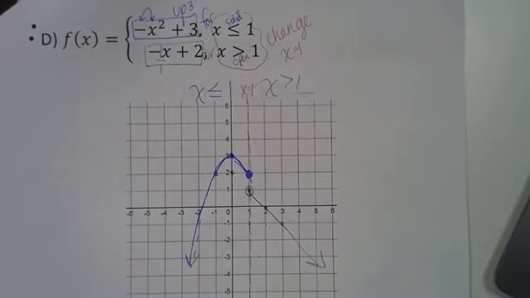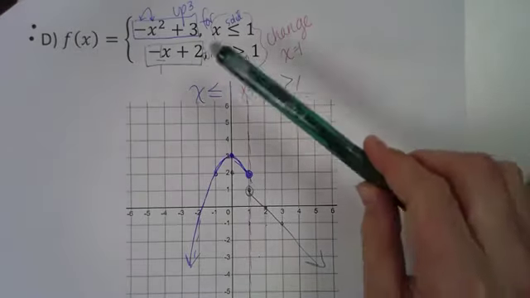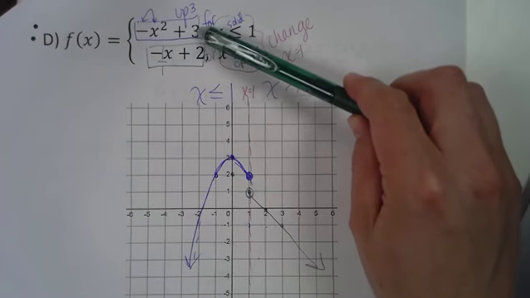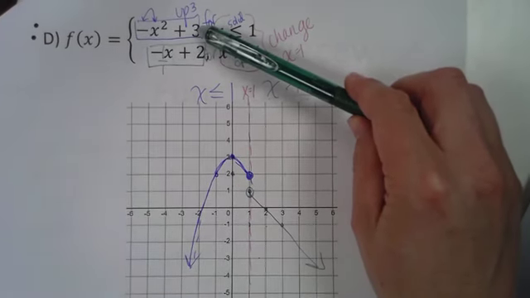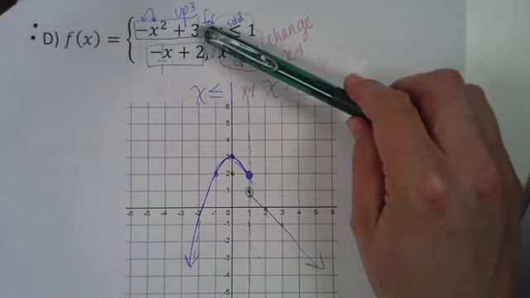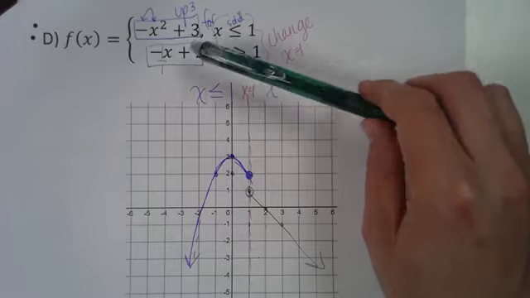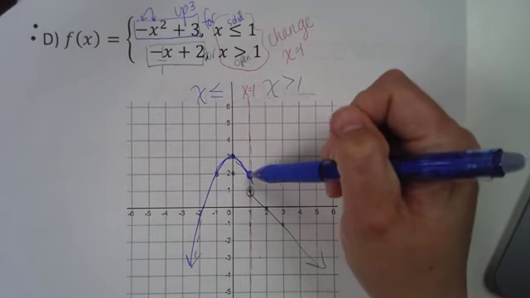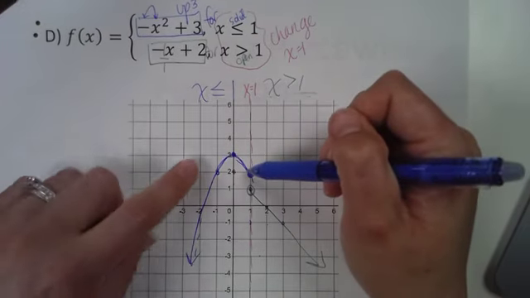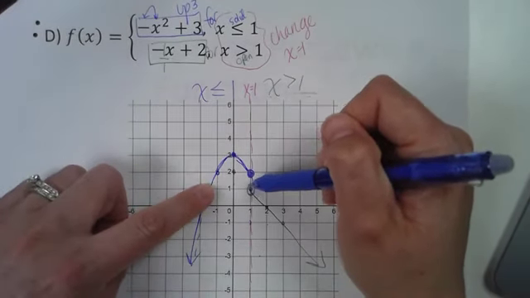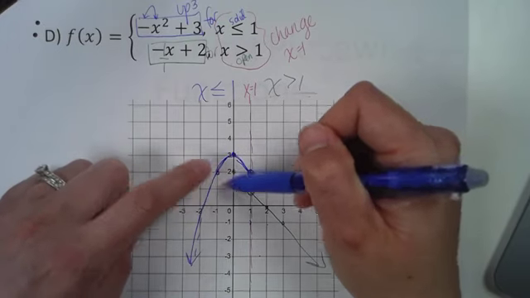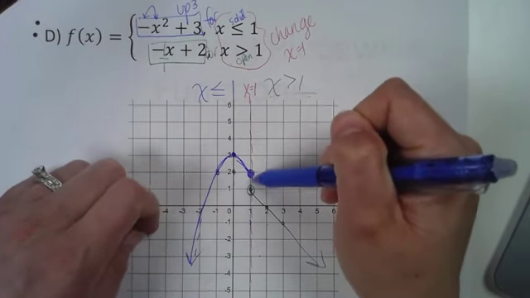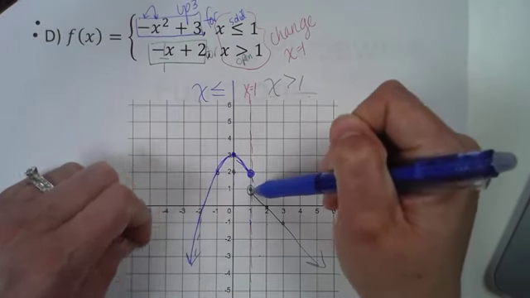Now, if I hadn't had this parabola be shifted up 3, what if it was just a plus 2? Where would this parabola be? It's just down 1 a little bit, yeah? So it would be here, starting here. And then these 2 points, they'd be stacked on top of each other.